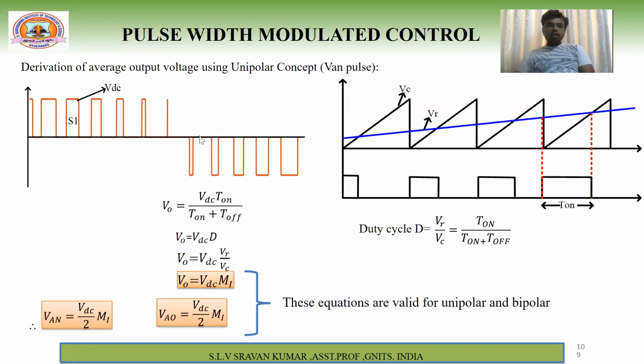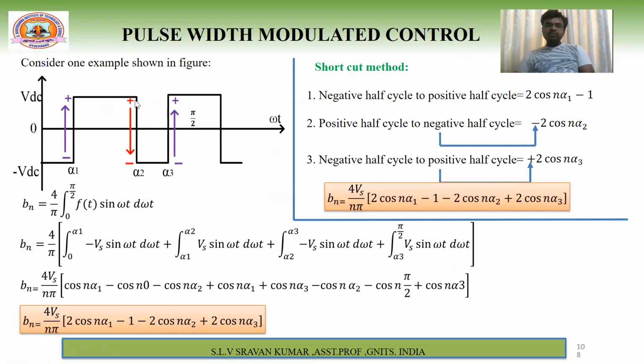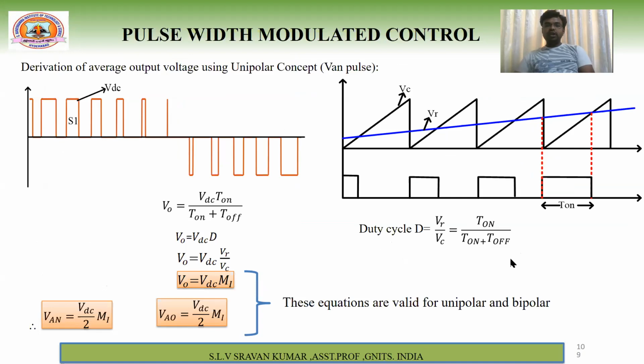Or 0 to minus VDC. So at that instant, the error is reduced. Whereas in case of bipolar, this is VDC to minus VDC. So the change in error is very high. Due to that reason, generally we do not prefer bipolar because of that error. What happens is more THD will be present in the system.